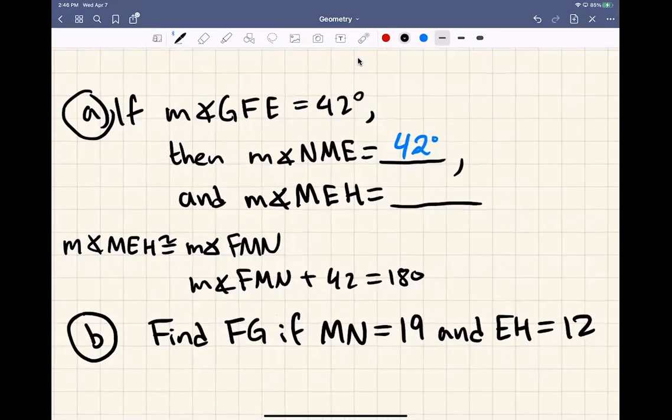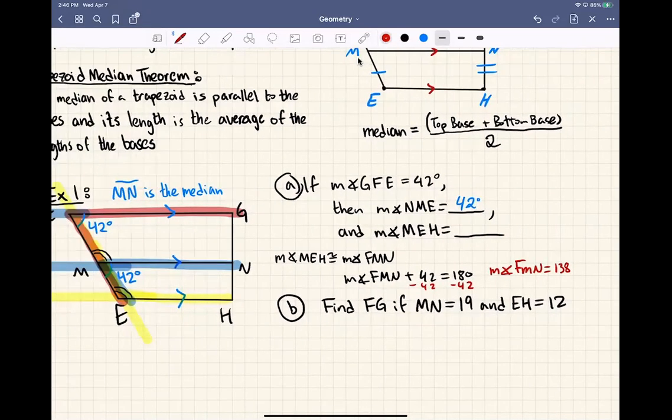Then we can do some subtraction: 180 minus 42, and we get the measure of angle FMN to be 138. Because this is congruent to this, the measure of angle MEH is equal to 138. So it's going to be 138 degrees.